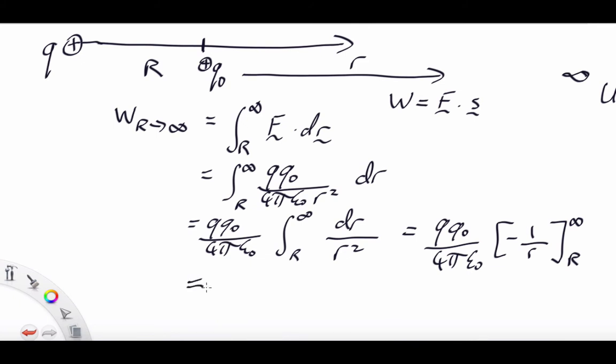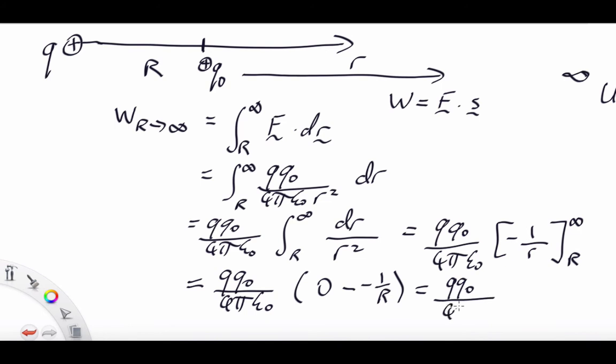So the way I work that out, I put Q Q0 over 4 pi E0. Now I first evaluate that term at infinity, so 1 over infinity is 0, minus that term evaluated at capital R, which is minus 1 over R, equals Q Q0 over 4 pi E naught times 1 over R. So I'm just going to put the R down here.